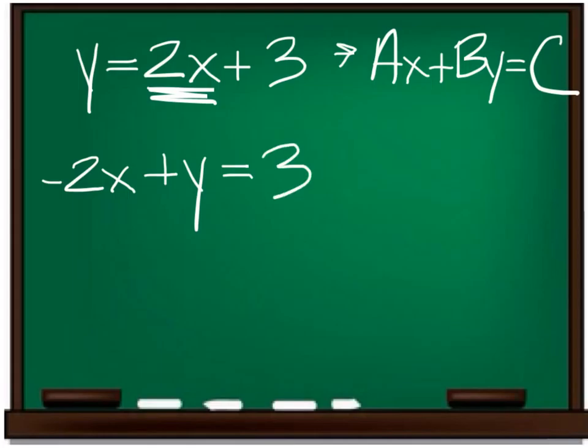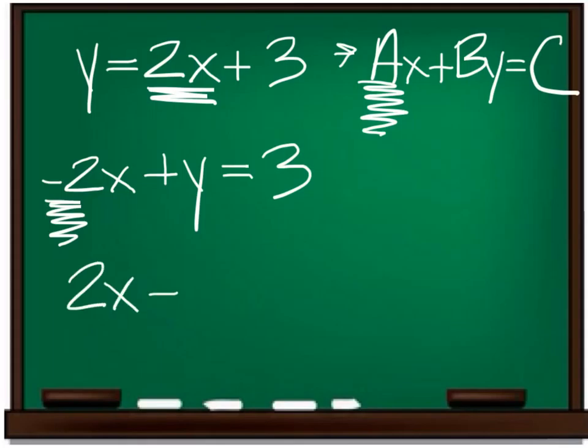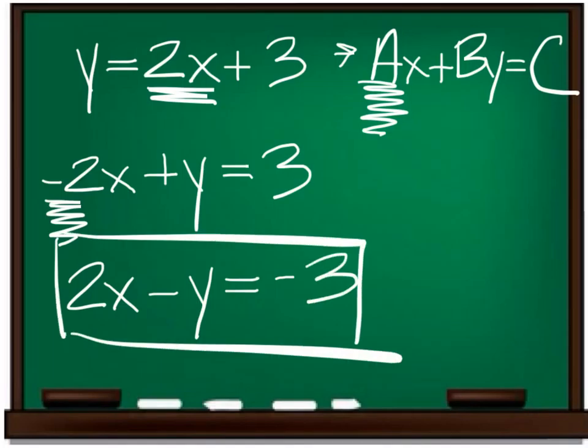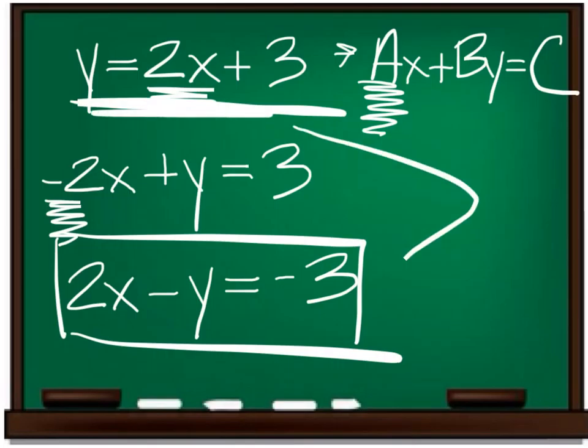You may not have a negative number on the a term in standard form. Notice you have a negative number out here. In order to get rid of that negative number, you must change the sign of everything all the way through. So it should be 2x minus y equals a negative 3. Now this equation is in standard form.